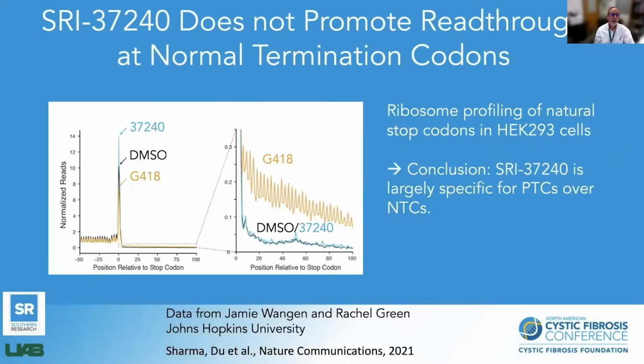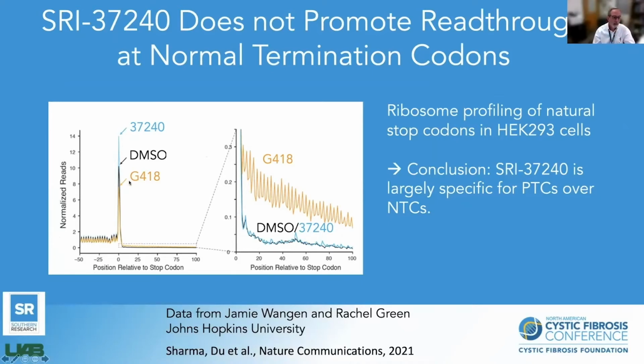First of all, we did a ribosome profiling experiment. This is looking at the position of ribosomes on mRNAs. DMSO is our vehicle-alone control. We used G418 as a control. It's a well-characterized small molecule that affects the accuracy of the ribosome. It alters decoding and recognition of the codon-anticodon complex.